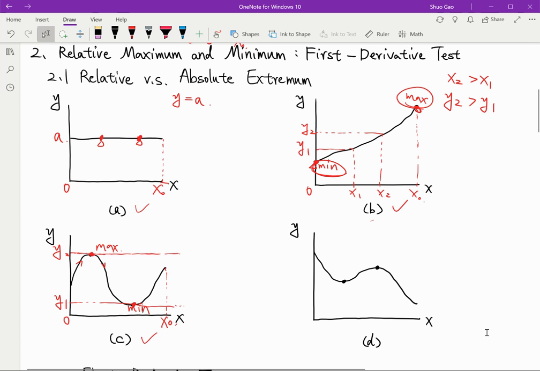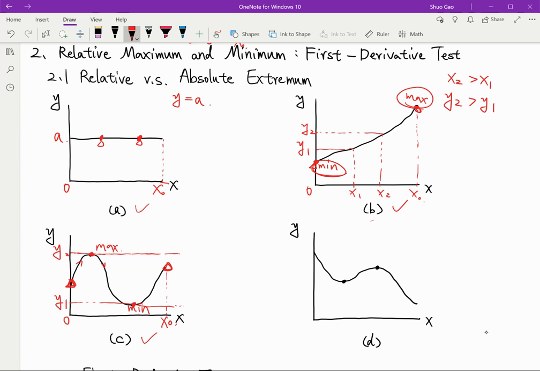In this case, we can see that when x equals 0 and when x equals x0, the endpoints of this line are no longer the absolute extreme values, right? Because there's a peak in between and there's a trough in between.